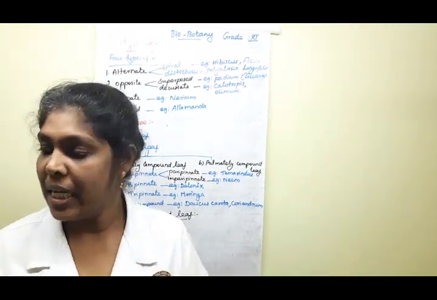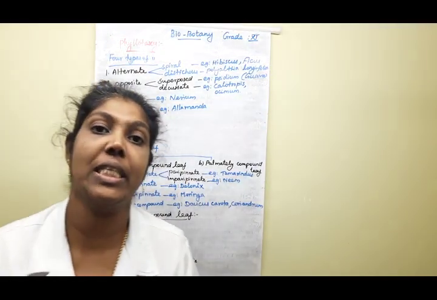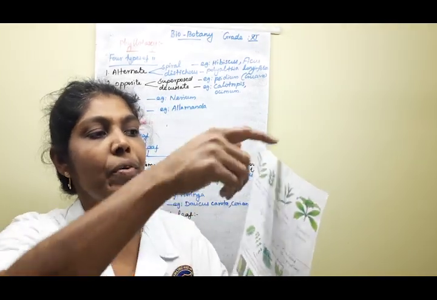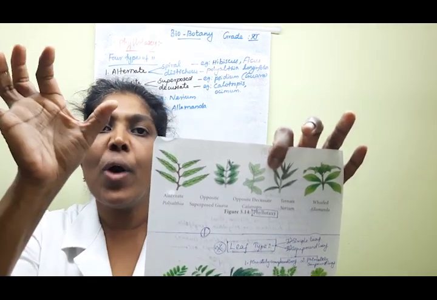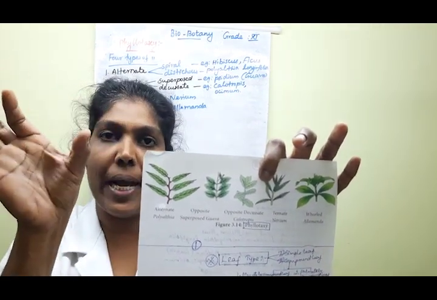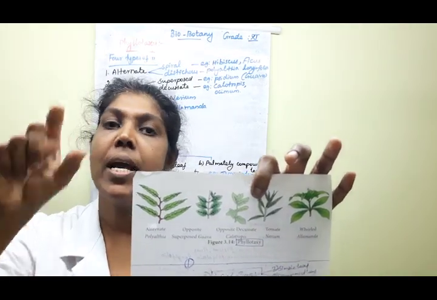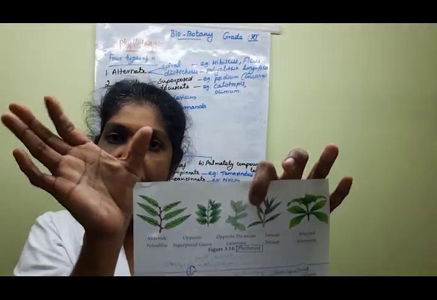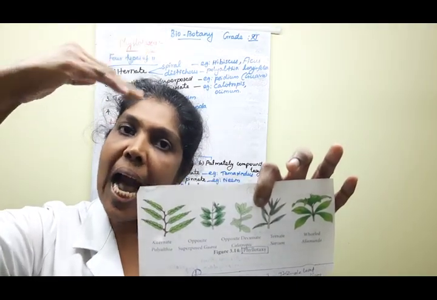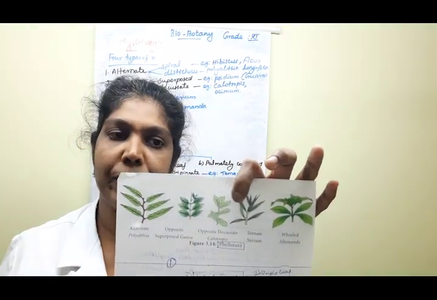This opposite decussate, a good example of the species is Calotropis. Look at this diagram, children. This is the picture. Here is one set of leaf pairs. Already I said each nodal region bears two leaves. That pair is present in one direction. Then the next pair, below or above, is turned at a right angle to that one.